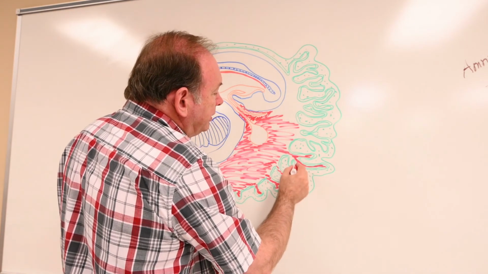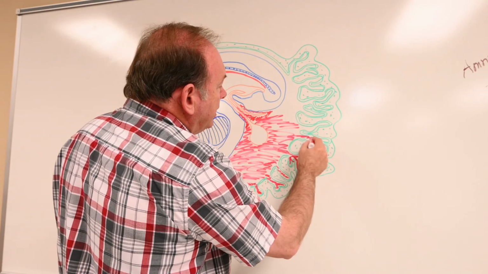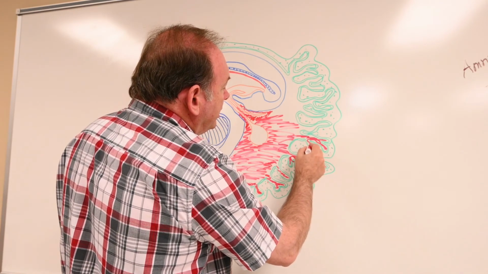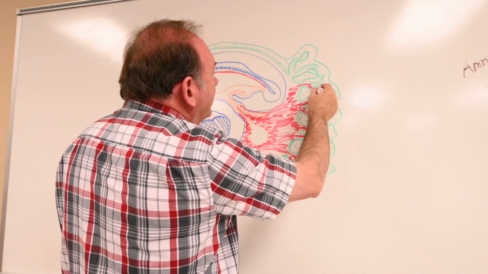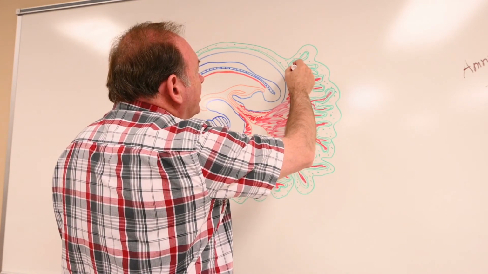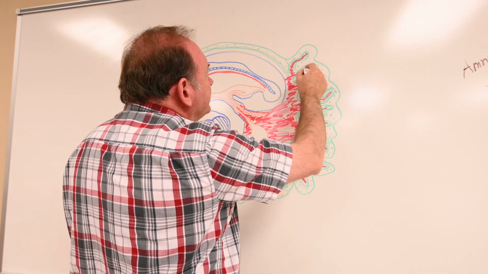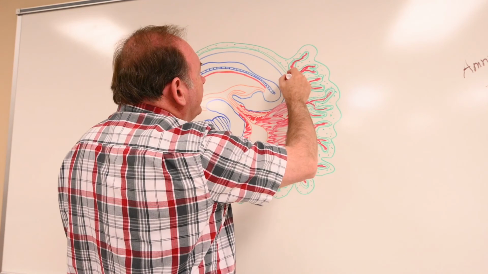And extends out into the chorionic villi. So it's in this mesoderm that I'm drawing in right here that we're going to find those blood vessels, the branches of the umbilical arteries and veins that carry the blood.